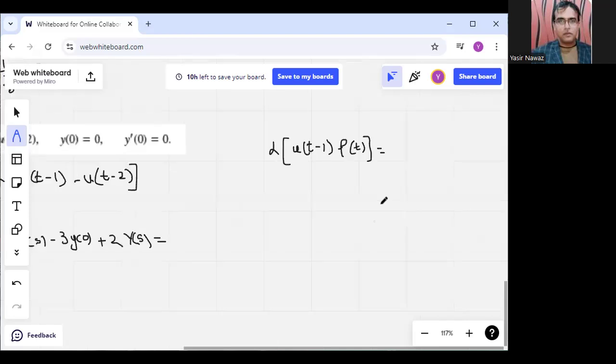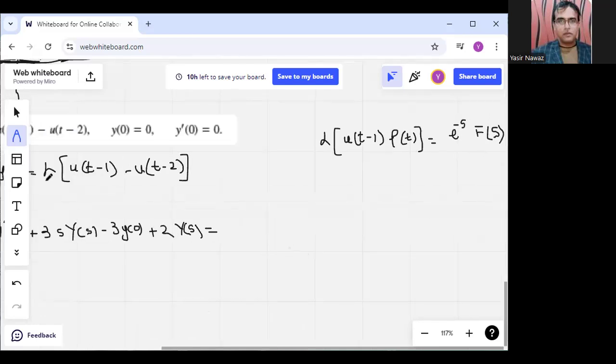What would be the Laplace transform for this case? It's e to the power minus s times the Laplace transform of f of t, which is F of s. So this is the property which can be used. Here f of t is 1.